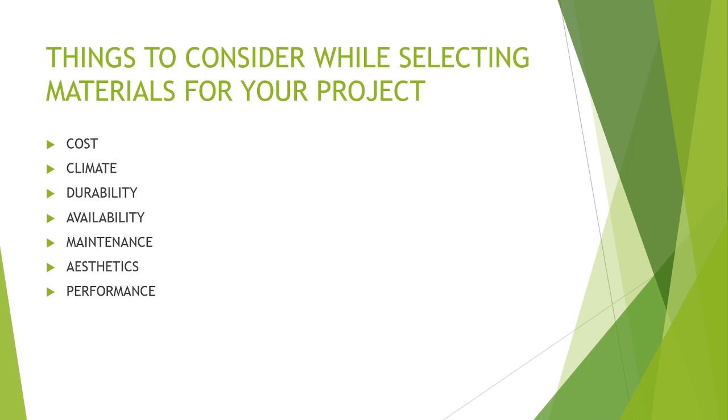Now, the first one we're talking about is cost. When you are searching for construction materials, you have to first know the rate, and of course this rate differs with different materials, right? But when I talk about the cost, I'm not talking about you looking for the most affordable material, right?